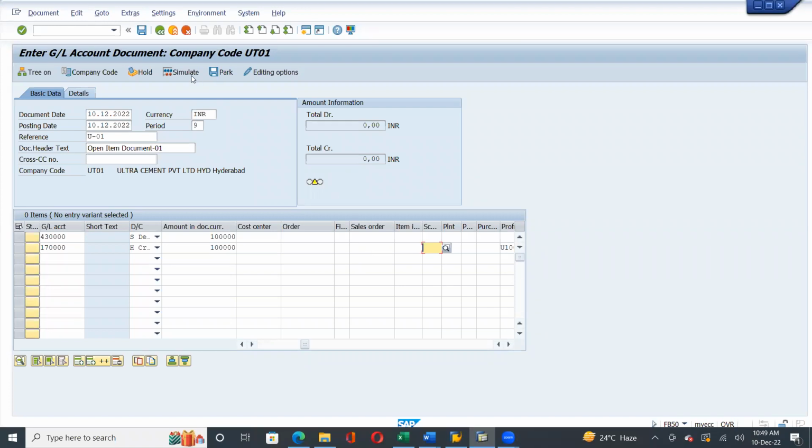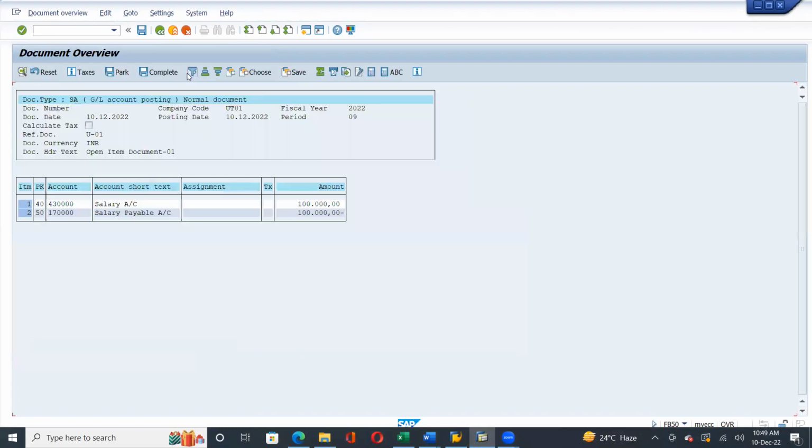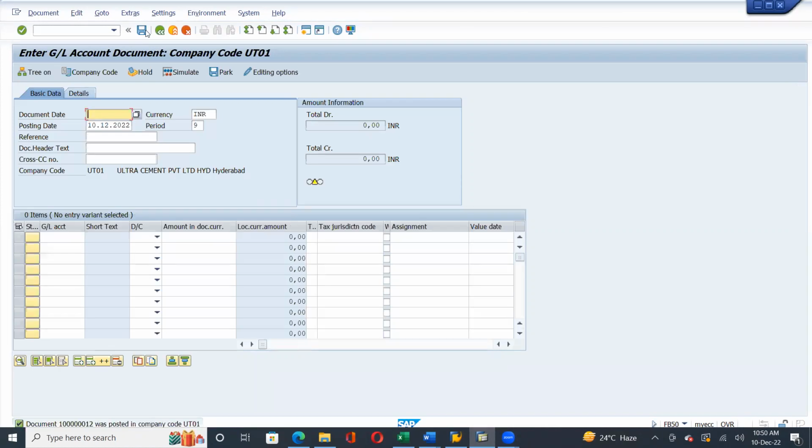Click on simulate. Salary account debited to salaries payable account. Next, line item, we will do the second posting.